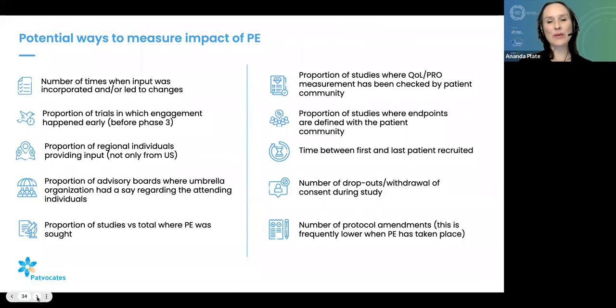And it's not like we haven't looked for ways to measure impact and monitor how well we're ensuring that meaningful patient engagement happens. I've tried to list some of the KPIs that we innocently have come up with in the community advisory board setting at Myeloma Patients Europe.